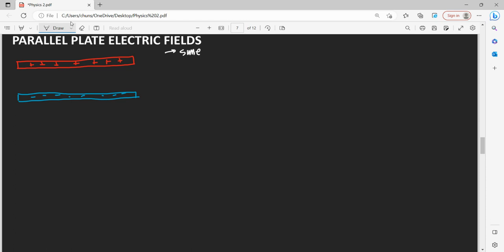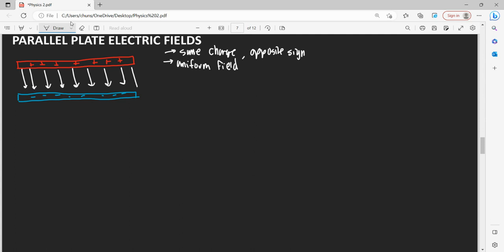That means everywhere within the parallel plate region is going to have a uniform field. We know from our electric field diagrams that it flows from positive to negative, so we will draw those arrows as such.